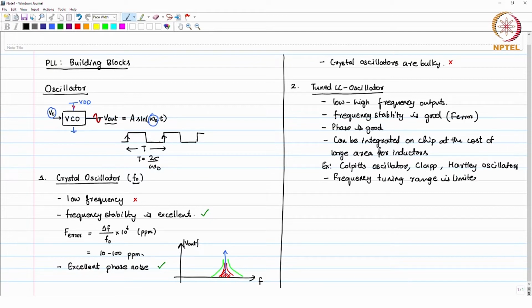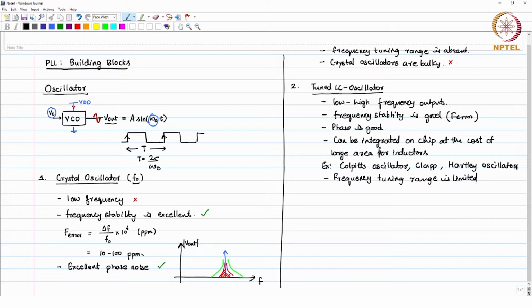In case of your crystal oscillators, frequency tuning range actually does not exist. So, once you design a crystal oscillator, whatever the frequency you have, that is what you get. Frequency tuning range is roughly absent. So, you have to design it carefully for the desired frequency.